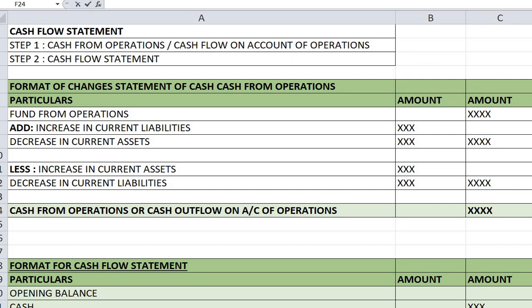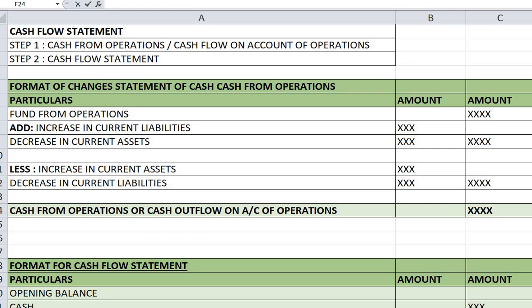While discussing the fund flow statement, we know there were 3 steps involved. The first step was to find the changes in working capital, the second step was to find out the fund from operation, and thirdly you would prepare the fund flow statement.